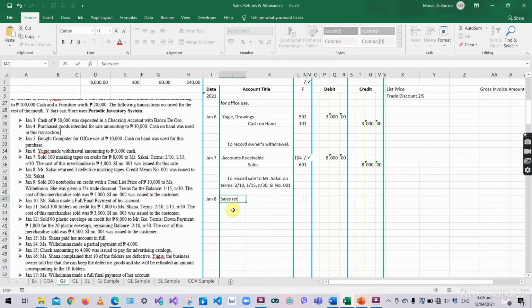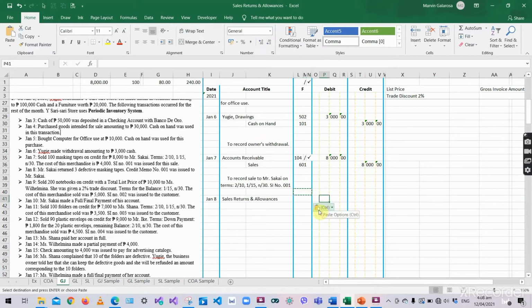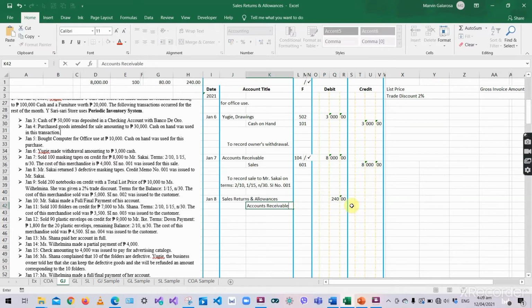Debit sales returns and allowances, $240. Credit, accounts receivable, $240.